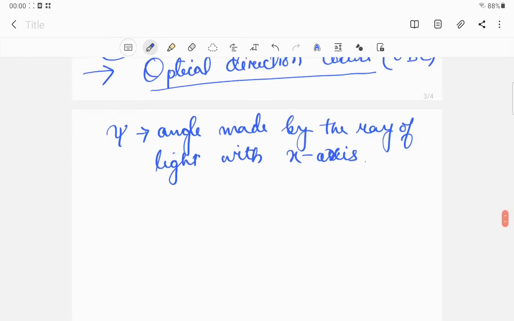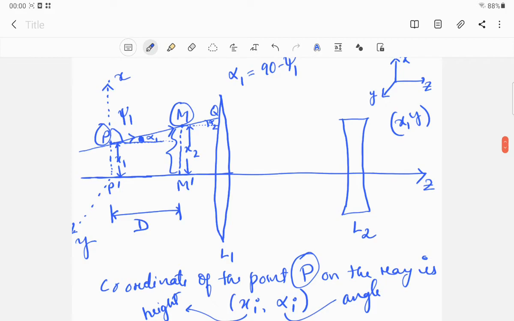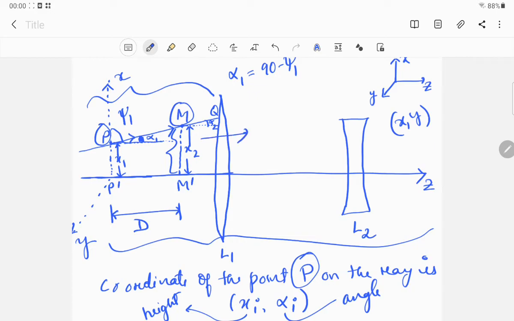Now, let me go back to this diagram. Whenever the ray is propagating throughout this optical system, it is first transferred through a certain refractive index medium, then the ray enters this material, so there is refraction, and again it transfers through this, then again enters this, so again refraction, and again it transfers through this.